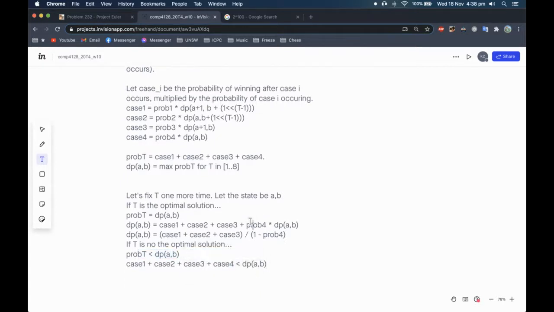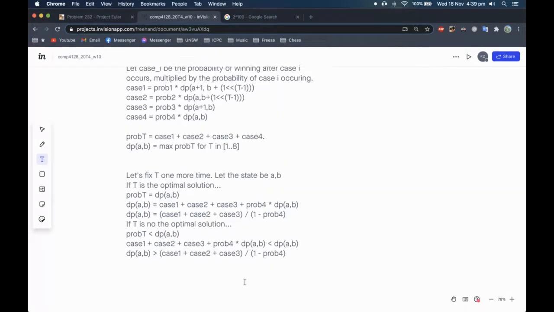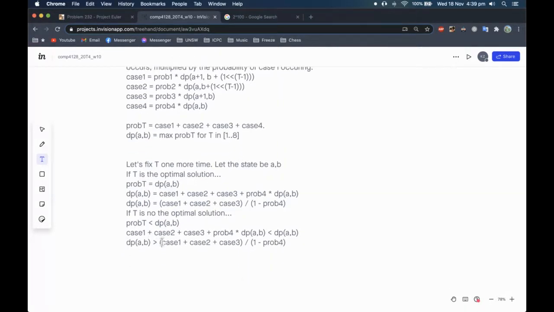Once again, we can expand case 4 to become prob 4 times dpAB. So once again, rearranging, what we'll end up with is the exact same formula as before, but dpAB is going to be larger than this amount. dpAB is going to be larger than this same equation for t.